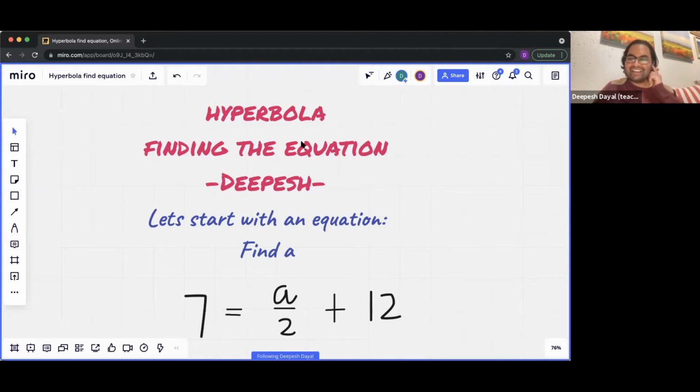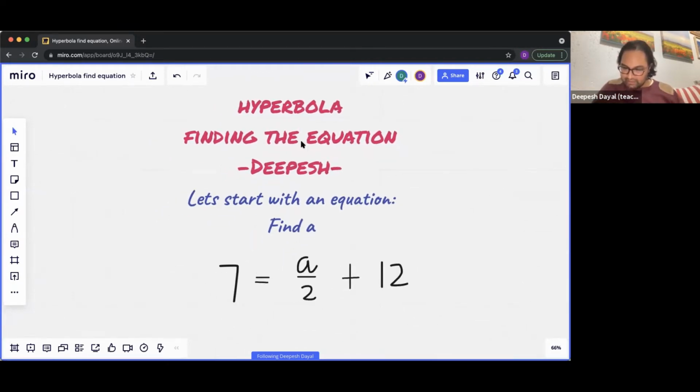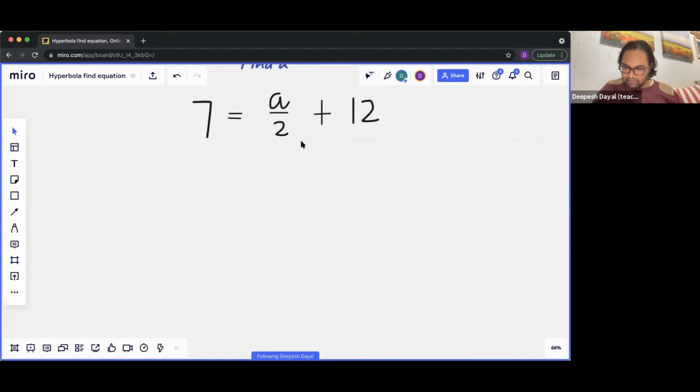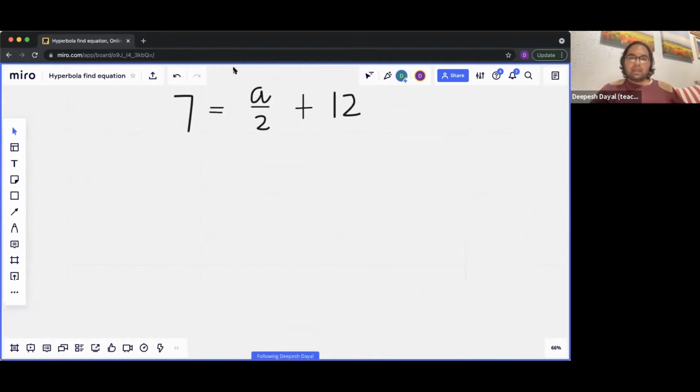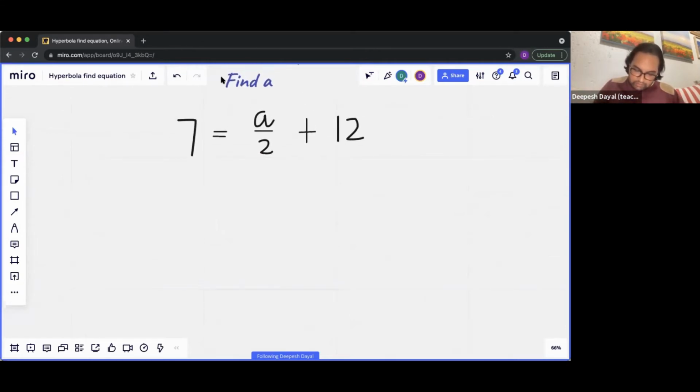Maybe let's work it out. So what I'm going to do is minimize this, push this up, and we're going to solve this, right? So first thing what we're going to do is take the 12 over to that side. We want to try and get the a on its own, right? So it's going to be 7 minus 12 equals a over 2.